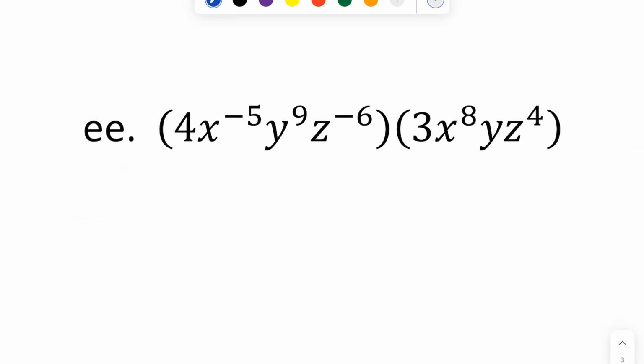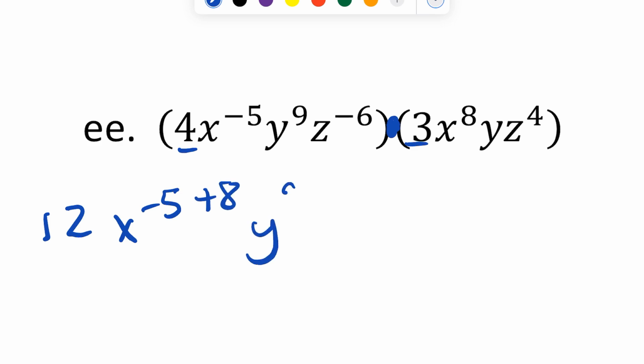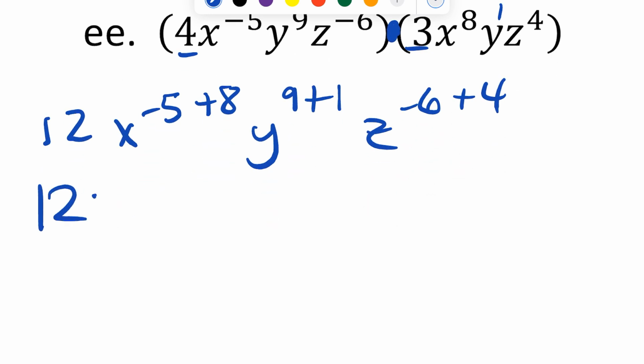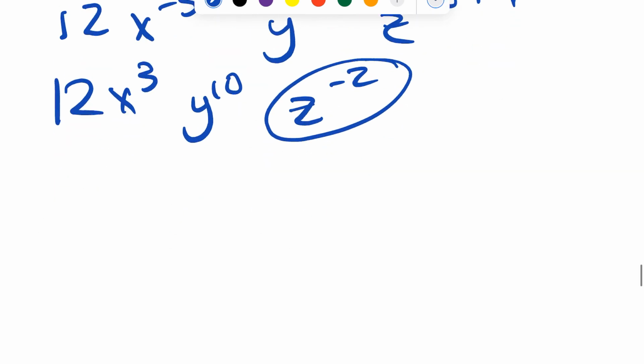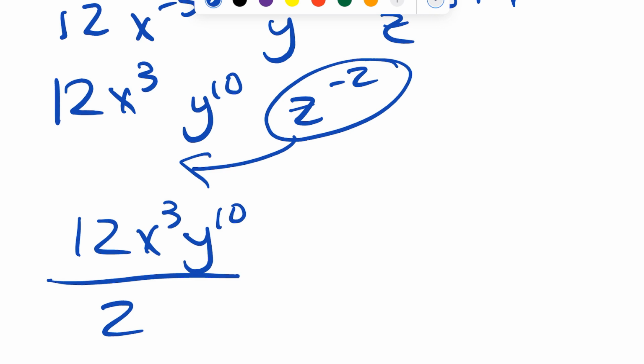This one, it's just multiplication, so I multiply. 4 times 3 gets me 12, x to the negative 5 plus 8, y to the 9 plus 1, because that's an invisible 1, z to the negative 6 plus 4. So I would get 12, x to the 3rd, y to the 10th, z to the negative 2. Again, that needs to go down below. So I get 12x to the 3rd, y to the 10th, over z squared.